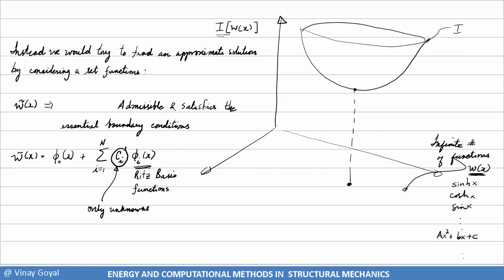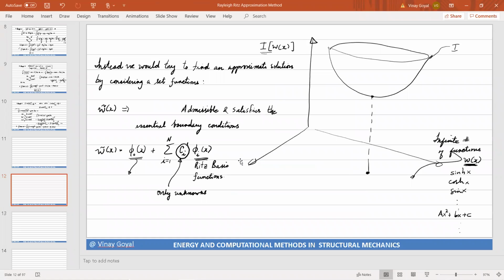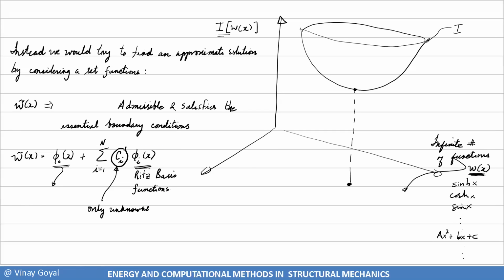And this polynomial phi naught will be either 0 if all the essential boundary conditions are homogeneous. And if they're non-homogeneous, then it will be a polynomial developed simply to satisfy them. It doesn't have to be a polynomial, it can be a function.